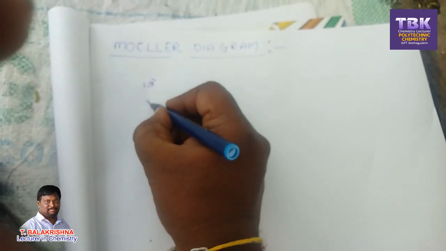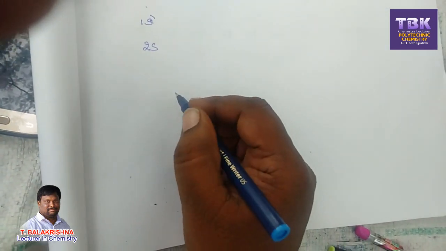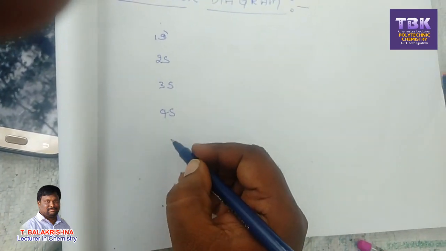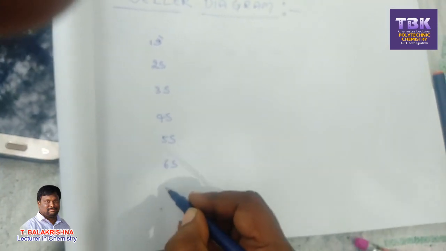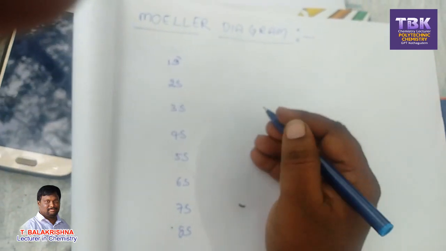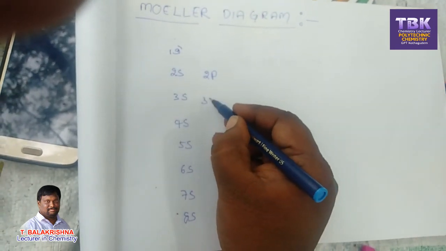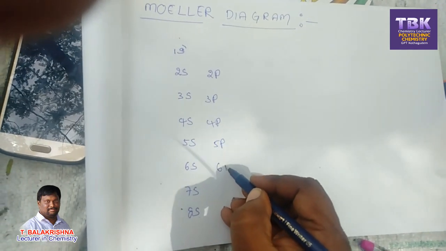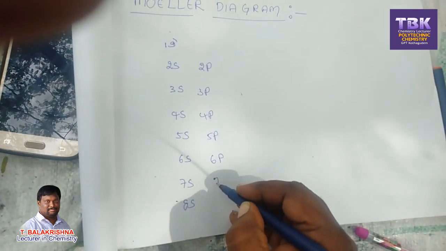1s, 2s, 3s, 4s, 5s, 6s, 7s and 8s. Next, 2p, 3p, 4p, 5p, 6p and 7p.